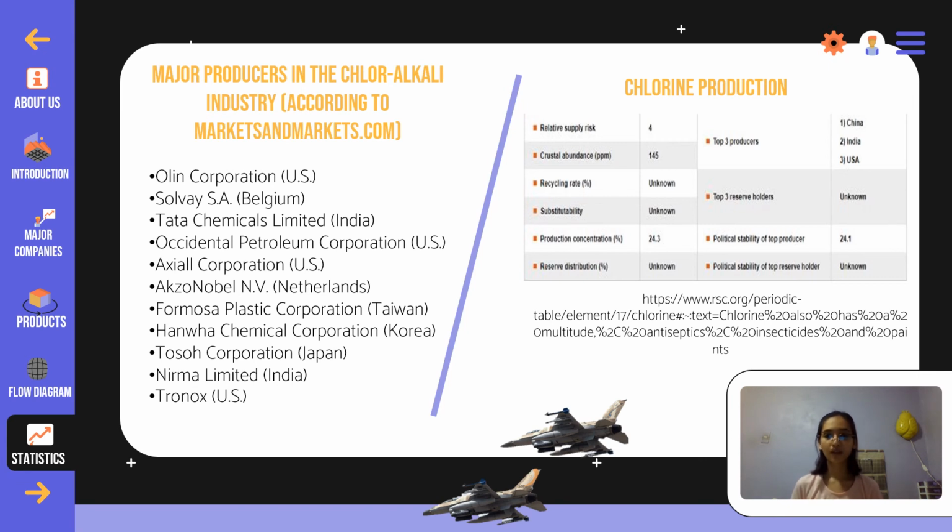There are 4 well-known major manufacturing companies in total for the US. And the figure on the right, specifically for chlorine production, in which chlorine is a product in this industry, the top producing country is China, followed by India, and the US is the third most producing region for chlorine.